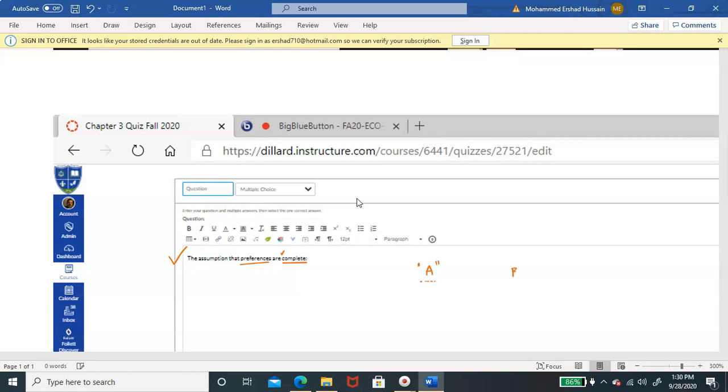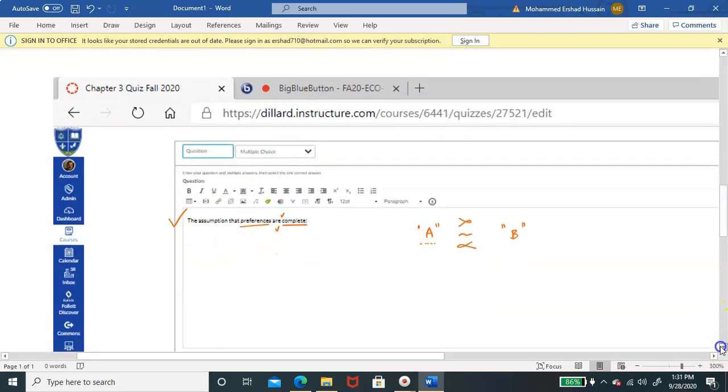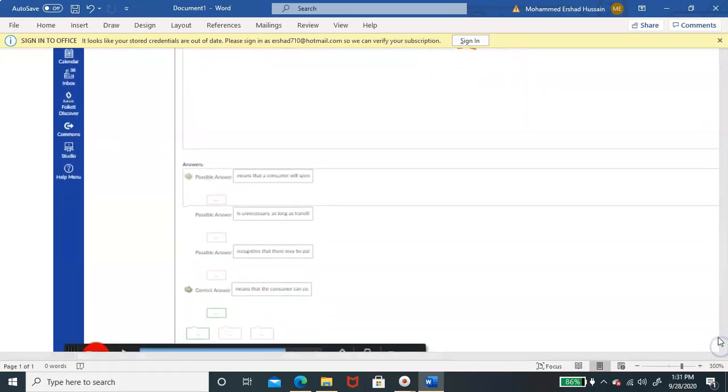And this is another combination of cheese and books. These are two different commodity bundles, right? So completeness means that the consumer will know if he prefers A to B, or if he's indifferent between A and B, or he prefers B to A, right? He will know, he has enough information for that. That is one of the important assumptions of this consumer theory.